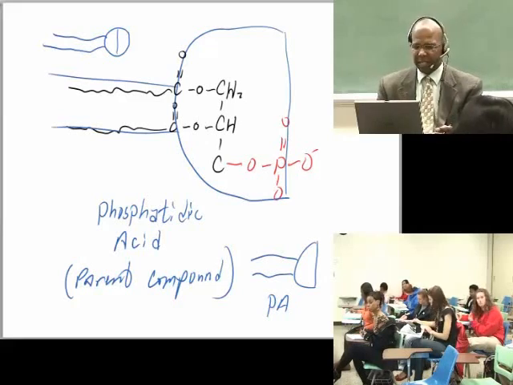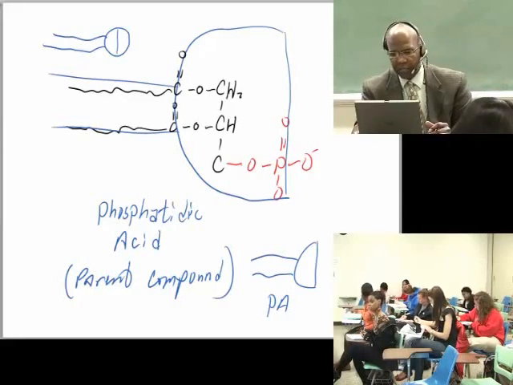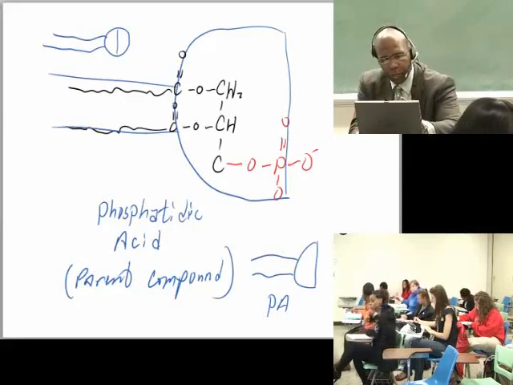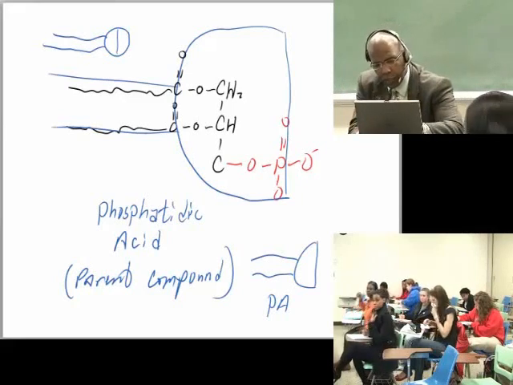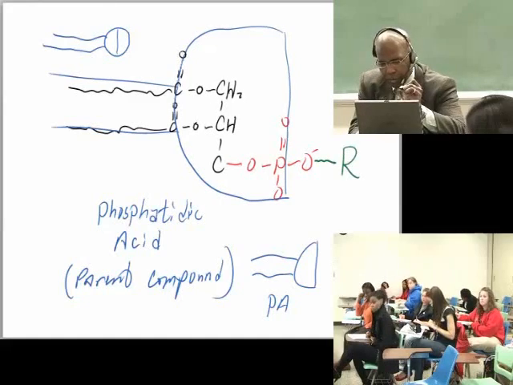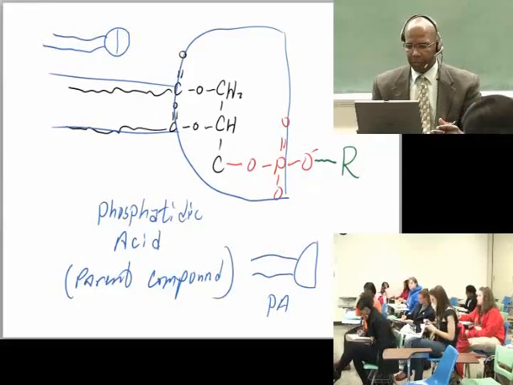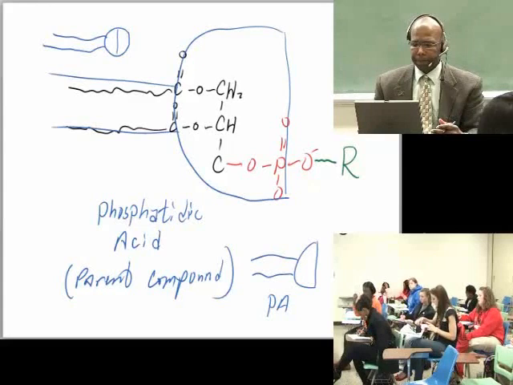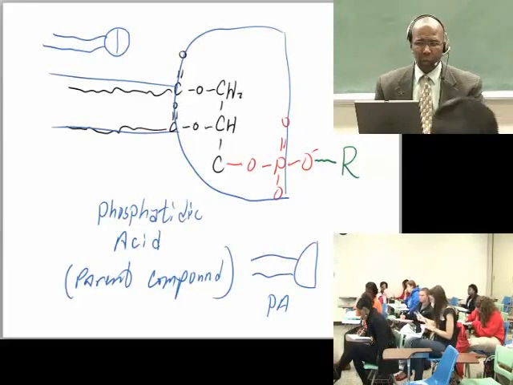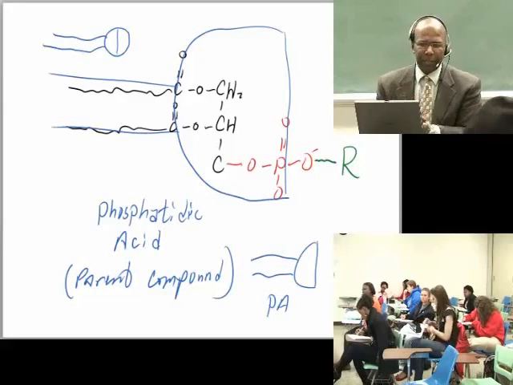Does that make sense? Okay. So we'll be able to attach different things onto this phosphatidic acid to change our head group, to change phosphatidic acid to our other phospholipids. Everyone okay with where we're going so far? So we're going to be learning the 8 common phospholipids found in cell membranes.